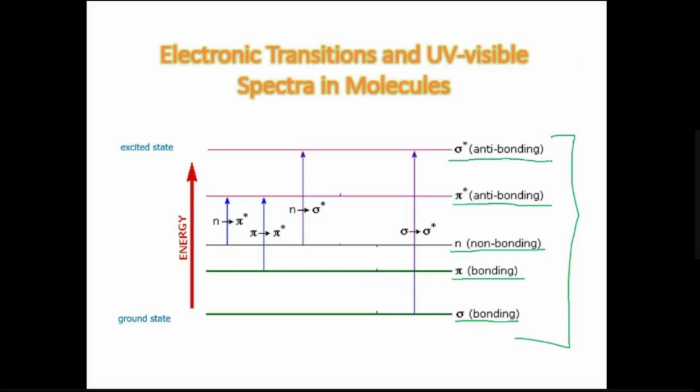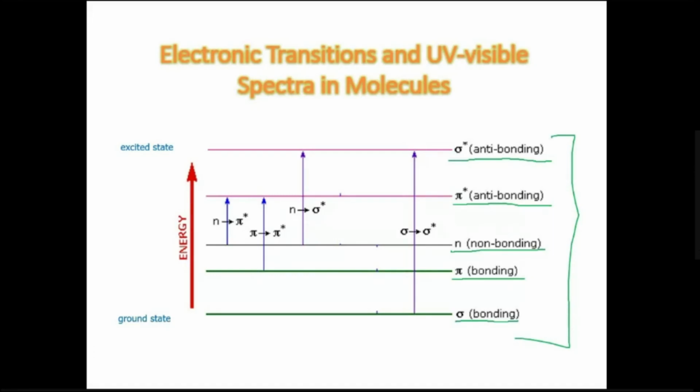Now looking at the diagram, can you type down the transitions from least energy to highest energy? Everyone observe the diagram and type down. Or if you want, write down the transition with most energy first and go on decreasing the energy of transition. Come on, type down those transitions. Okay, let us agree that sigma to sigma star is the highest one.